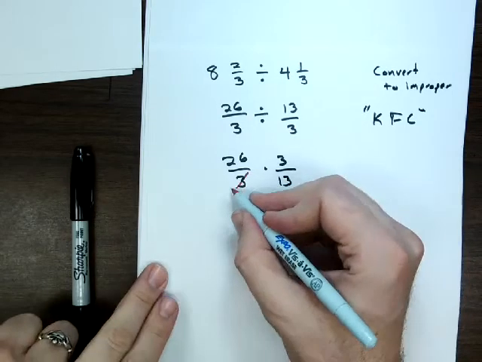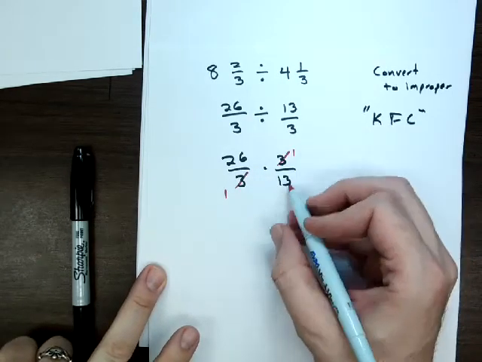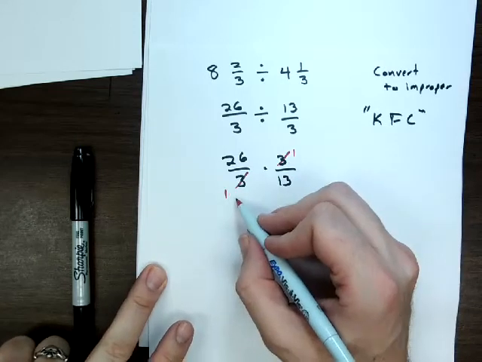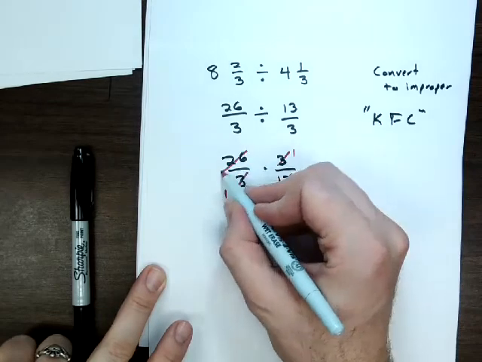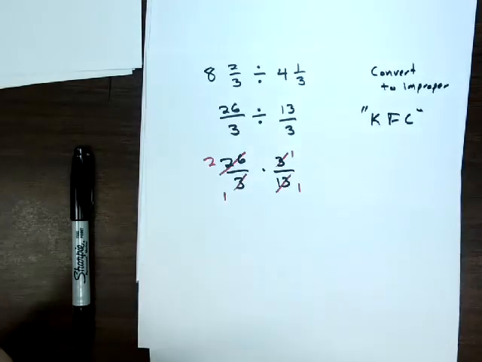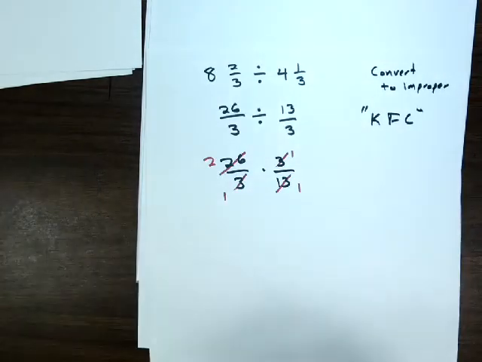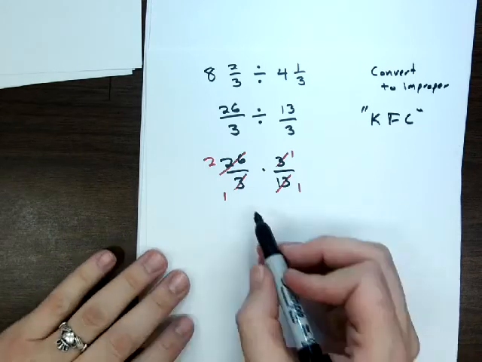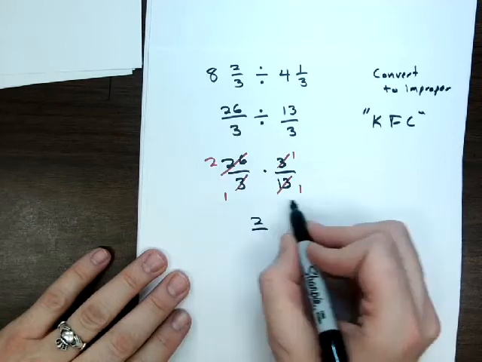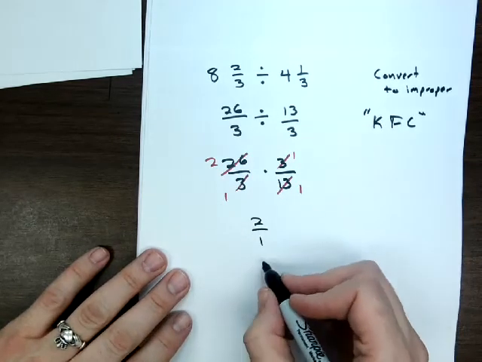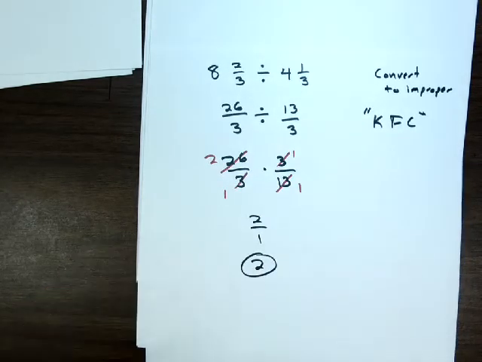I see 3 goes into 3 once in both places, and I see that 13 goes into 13 one time, and 13 goes into 26 two times. Ooh, lots of stuff reduced here. So I've got 2 times 1 is 2 over 1. 2 over 1 is just equal to 2. And we're going to leave it like that.